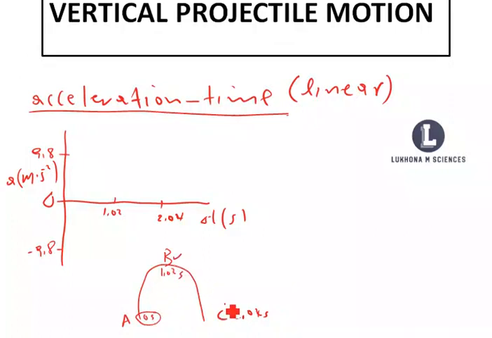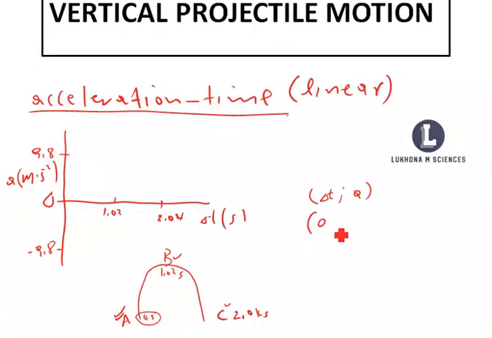Which simply means that the coordinates will be like this. We have the coordinates x, y. So x is always delta t. In this case, y is acceleration. So at point A, the time is 0.